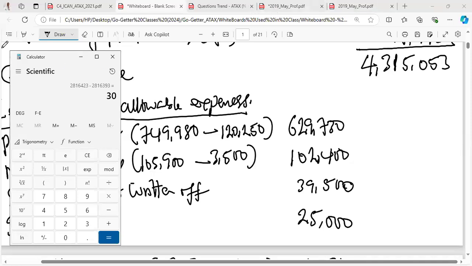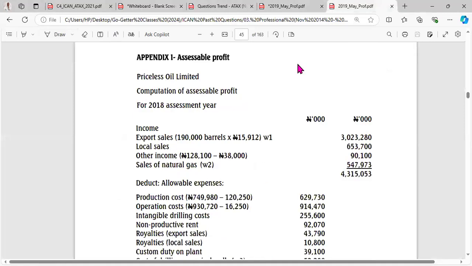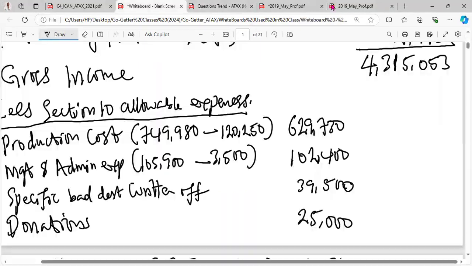What do they have here in their production costs? What's their production costs? It's 30. Admin expenses.